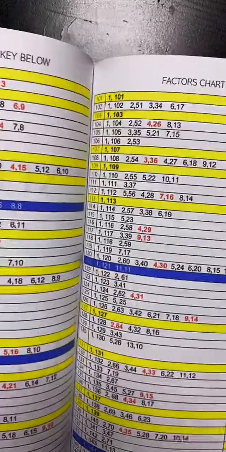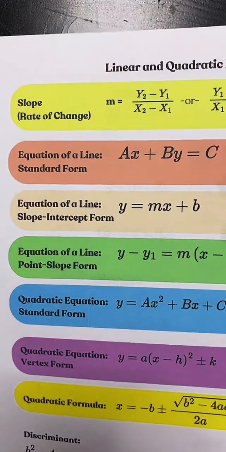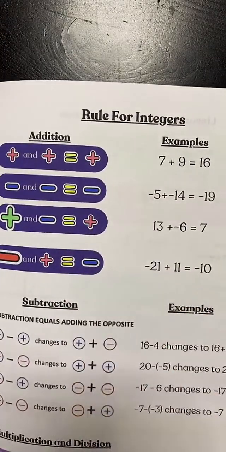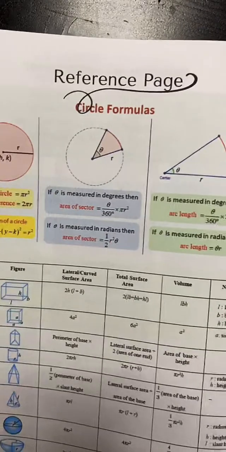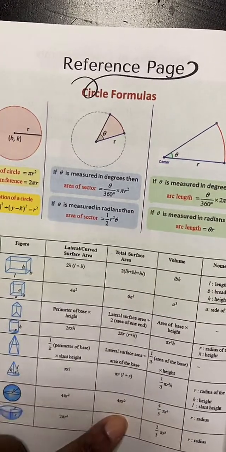And then in addition to that, I have order of operations, properties of exponents. We're looking at some of the linears. So there's a lot of little stuff in here that can be helpful. The rules of integers to help you out a little bit. And a lot of people are starting to finish up the volume chapter and the surface area.